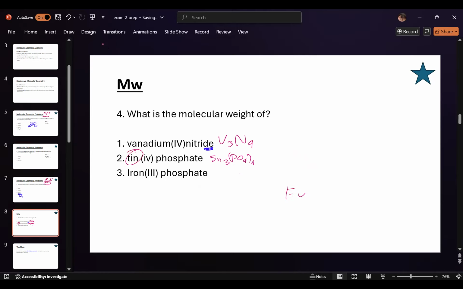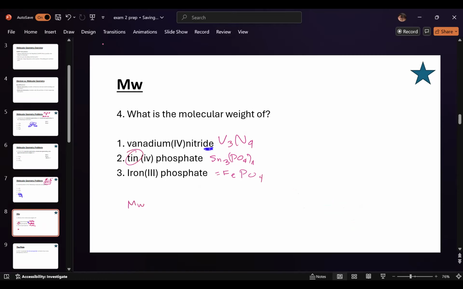And then the last one, iron 3 phosphate, has a charge of 3 and we just use phosphate, which is -3. They cancel each other out, and when you add those charges, it equals 0. So there's nothing else to do here. It will be FePO4.